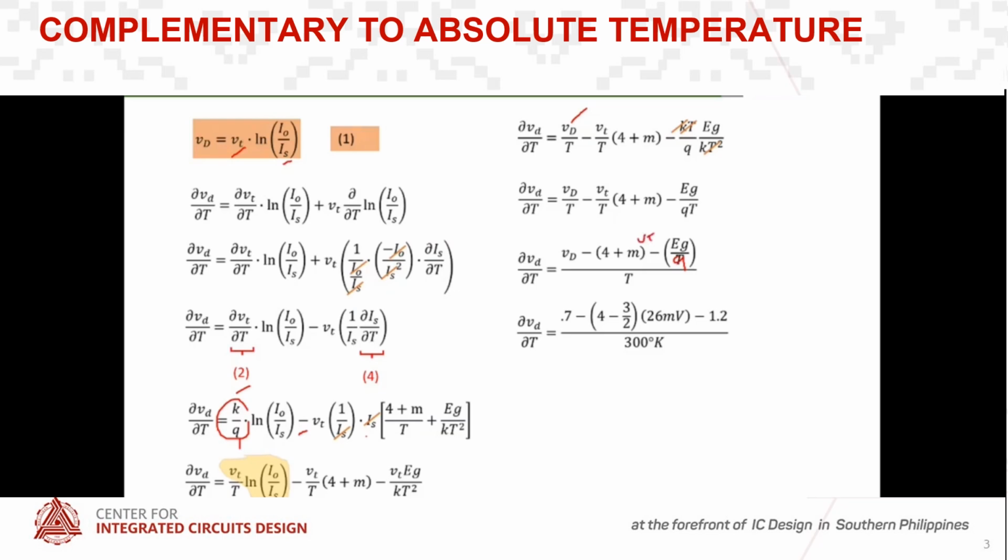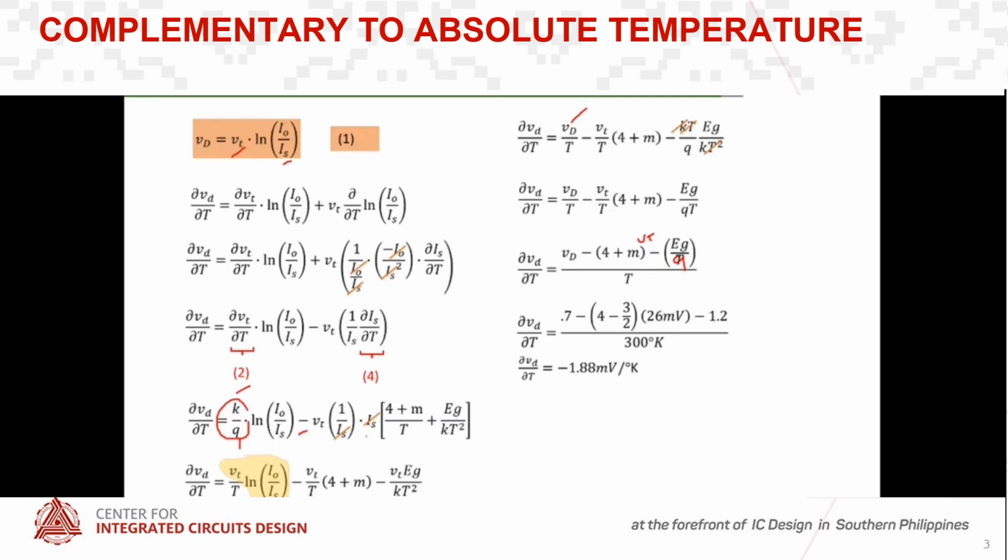Vt is equal to 26 millivolts, times 4 minus 1 half, all over 300, at 300 Kelvin. Substituting those values, we get negative 1.88 millivolts per Kelvin, which is close to the negative 1.66 millivolts per Kelvin we showed earlier.